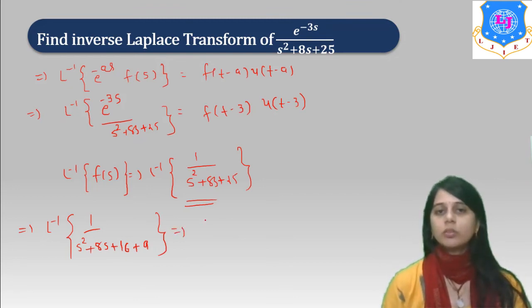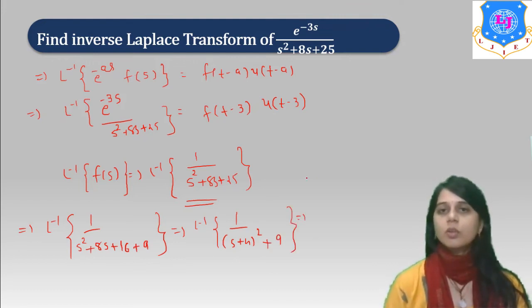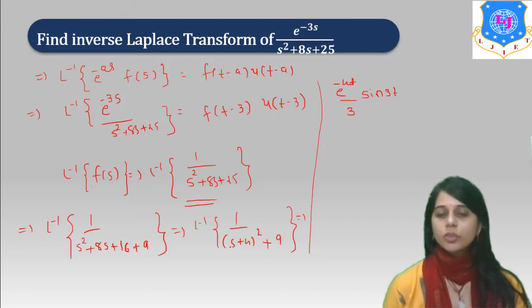So it gives Laplace inverse of 1 upon (s plus 4) whole square plus 9, and the inverse of this is e raised to minus 4t times 1 by 3 sin 3t. By the inverse first shift theorem, due to s plus 4, we take e raised to minus 4t, and for 1 upon s square plus 9, as a formula, we take 1 upon 3 sin 3t.